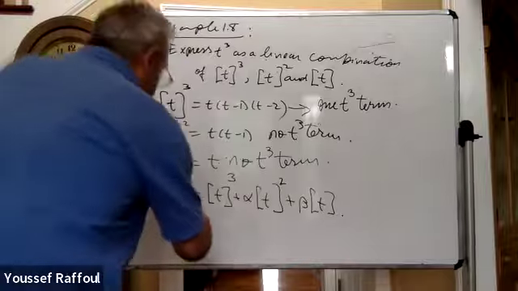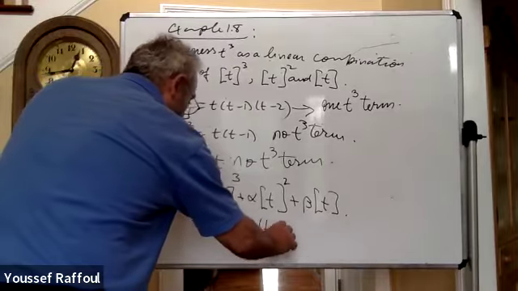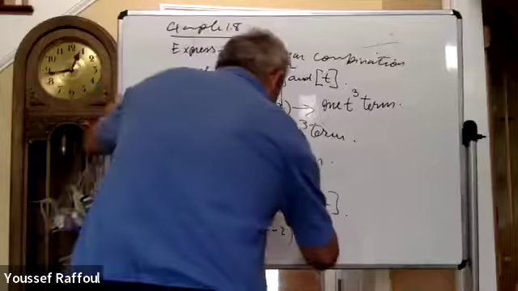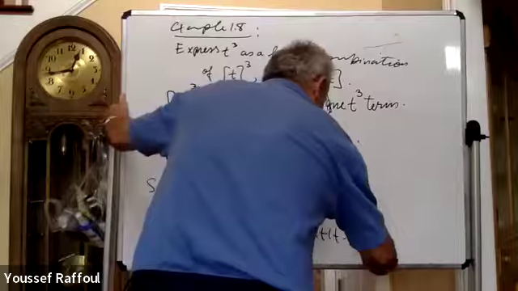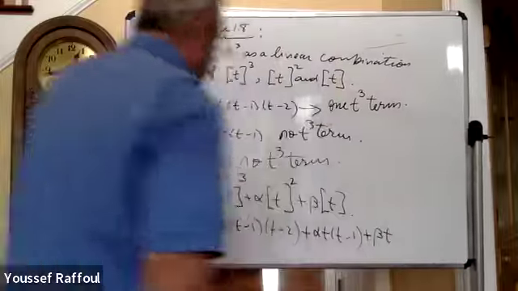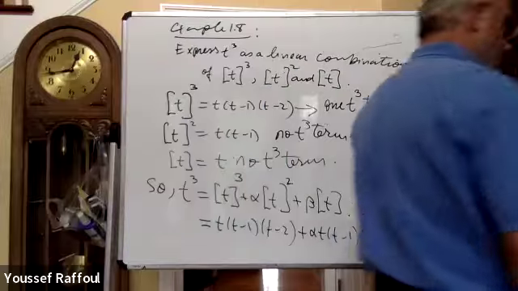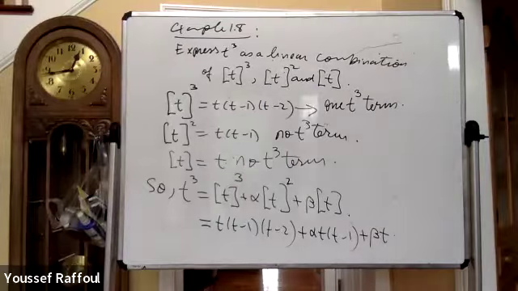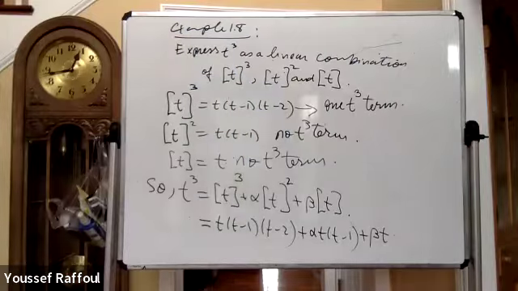So this is t times t minus 1 times t minus 2 plus alpha t times t minus 1 plus beta t. So I need to find alpha and beta.